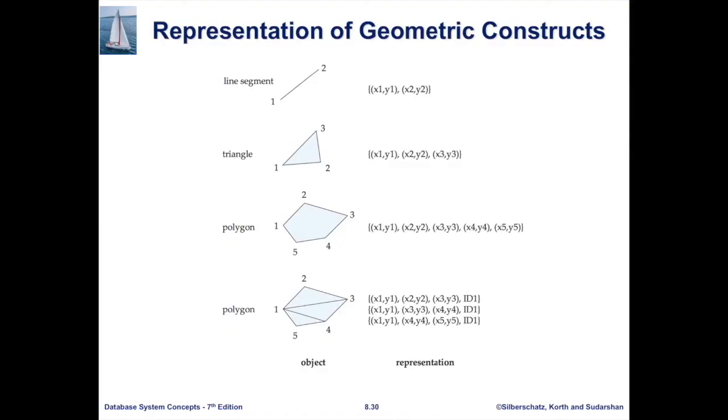So, as mentioned a while ago, the polygon can also be represented as a set of triangles. So, dito, we can decompose a polygon into 3 triangles na ang representation ay yung nandito sa right side. Okay? So, we can just add an ID to illustrate that these triangles are the decomposition of a certain polygon.